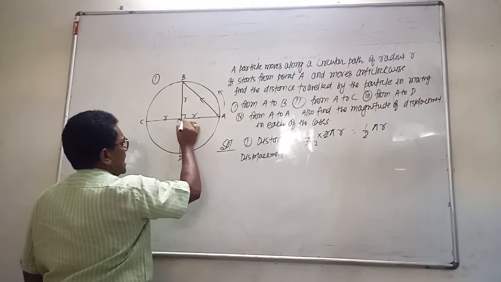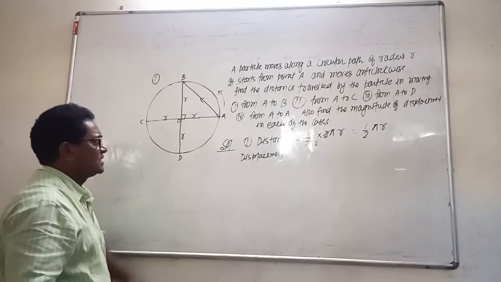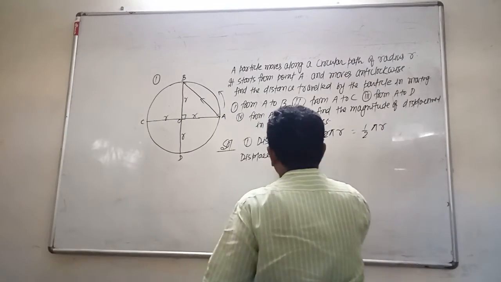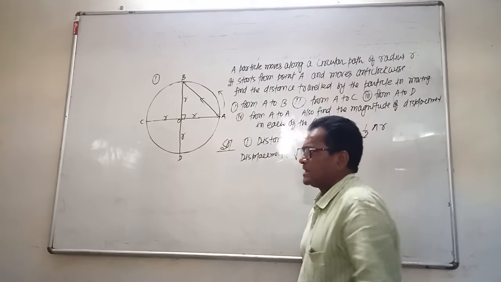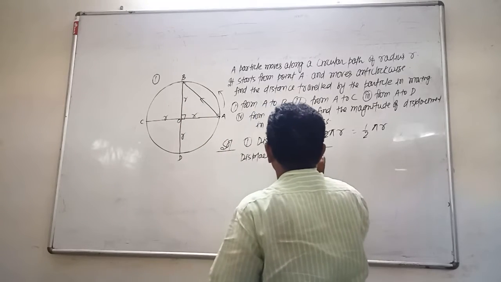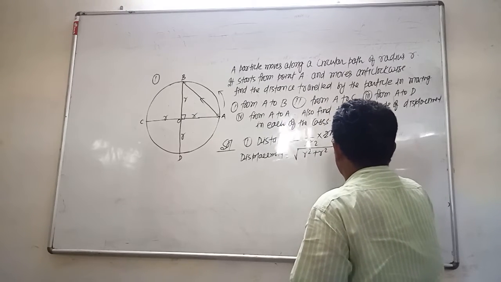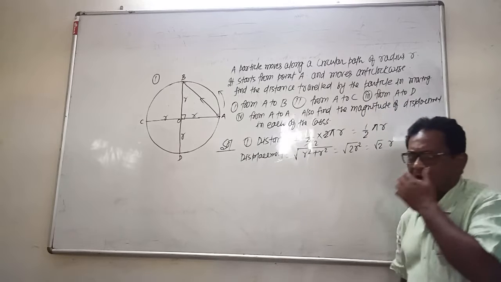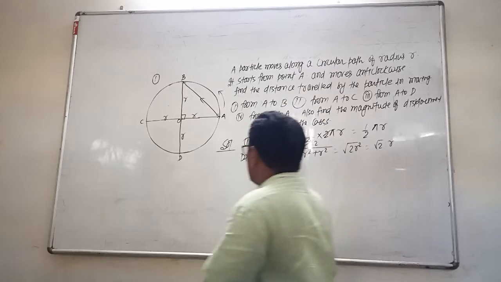If this is R, this is also R, then AB is the hypotenuse. So using Pythagoras theorem, AB distance will be under root of R square plus R square, which is under root of 2R square, and this is under root 2 times R. So this is the magnitude of displacement in first case.